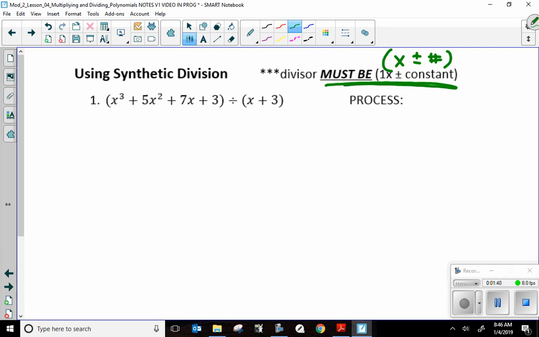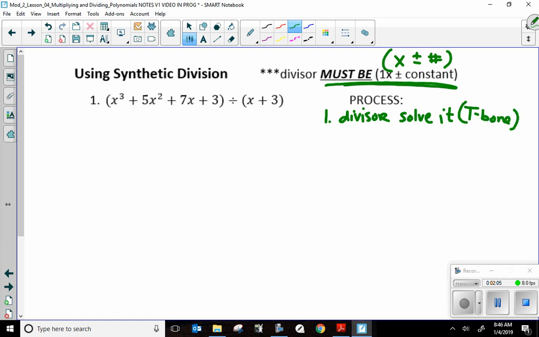Now, there's a process here, and it's simple. As I write the process in words, sometimes it confuses people, but you should follow me here. The first thing you should do is take your divisor and solve it, which is like the T-bone.